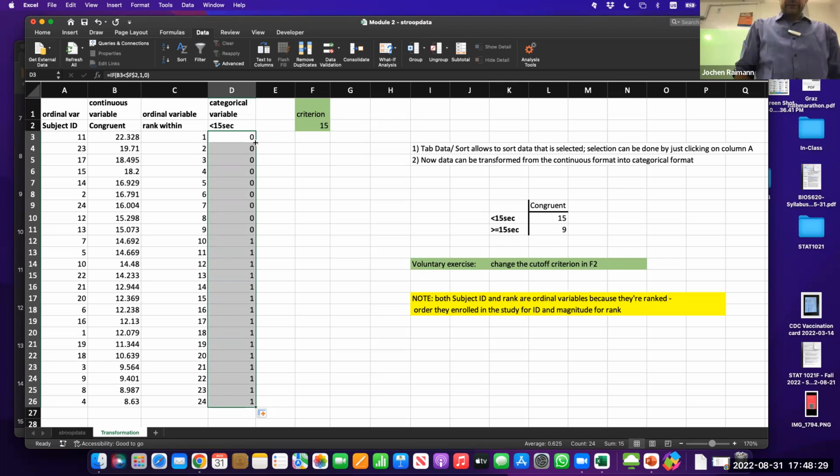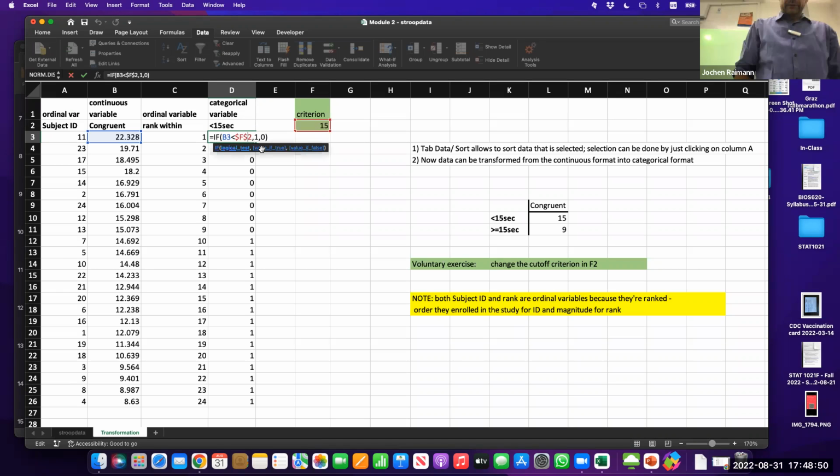What will be the function again? It's if else. This is pretty much the same in all programming languages or statistical software. So if, parentheses, first the criterion, then if the criterion applies, what do you want the outcome to be, and then 0. You can change it, and you can make this different.